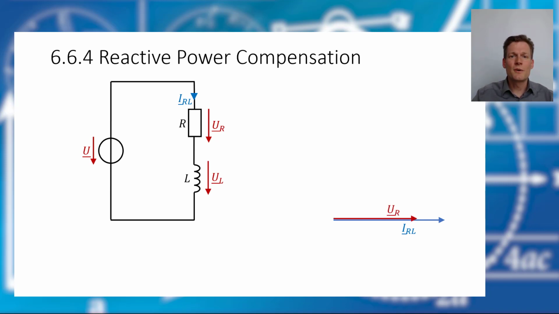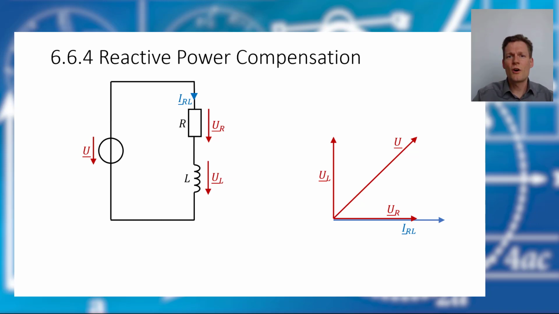The voltage drop at the inductor has a 90 degrees phase angle, and the voltage is leading. So you see the total voltage will be this here. And now you see we have a phase shift between the current and the total voltage, and therefore we will have also reactive power in our system.